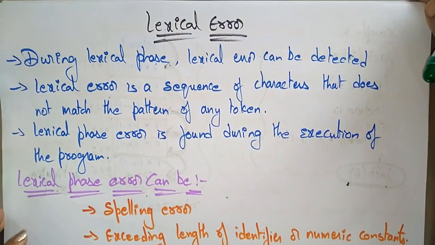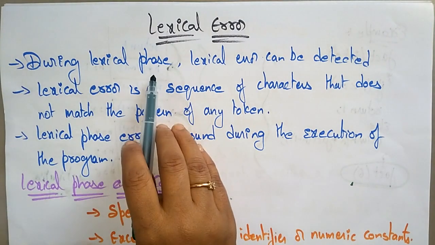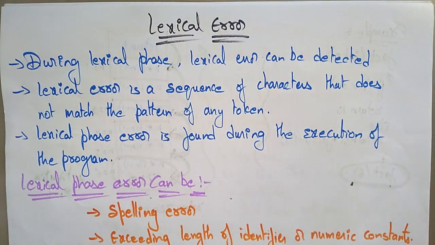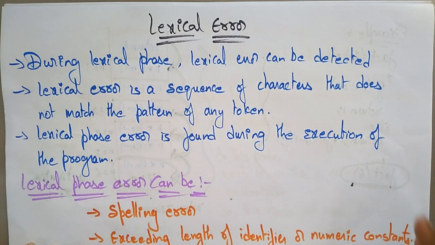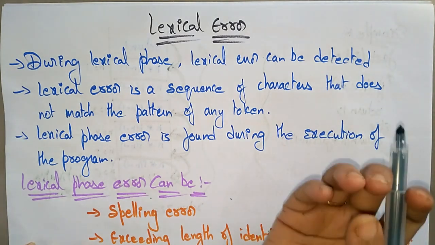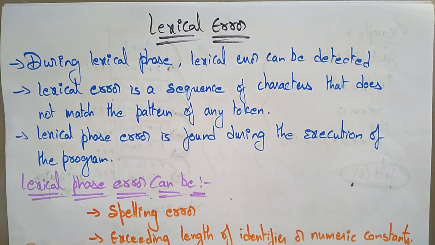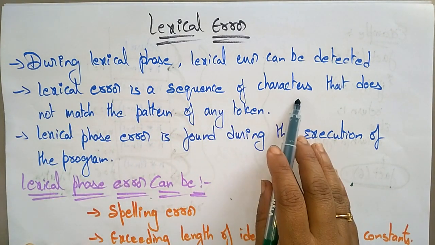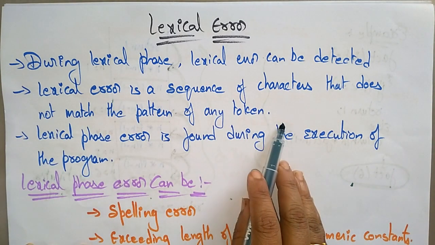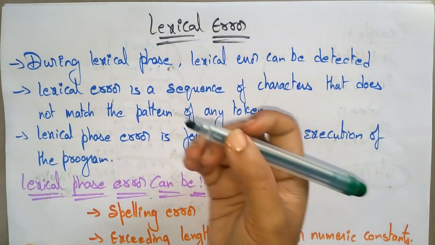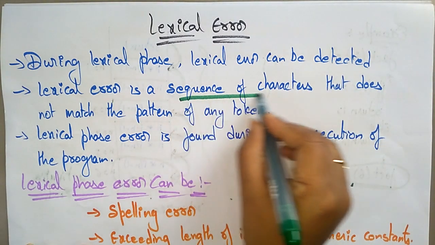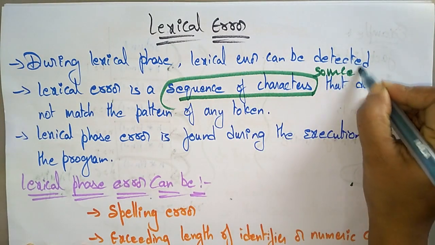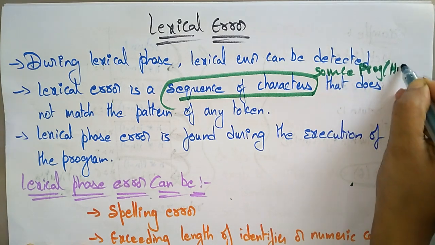The first one is lexical errors. During the lexical phase, lexical errors can be detected, meaning in the form of tokens. You can find the errors when you convert the data into tokens. A lexical error is a sequence of characters that does not match the pattern of any token. The source program consists of a sequence of characters in high level language.